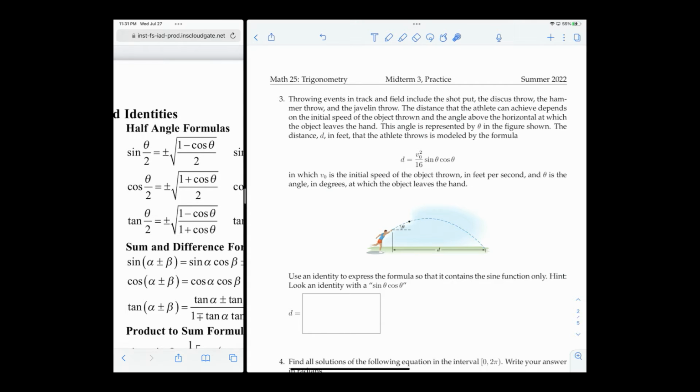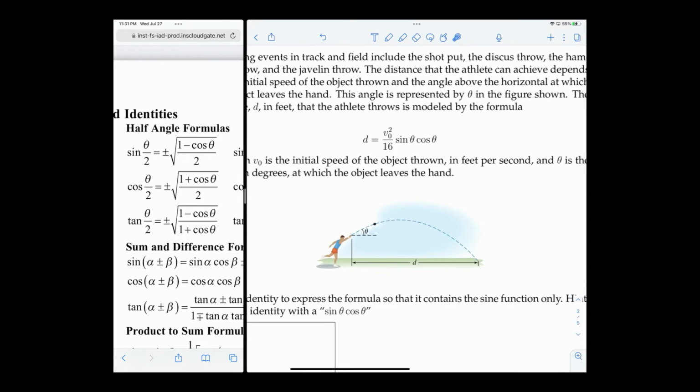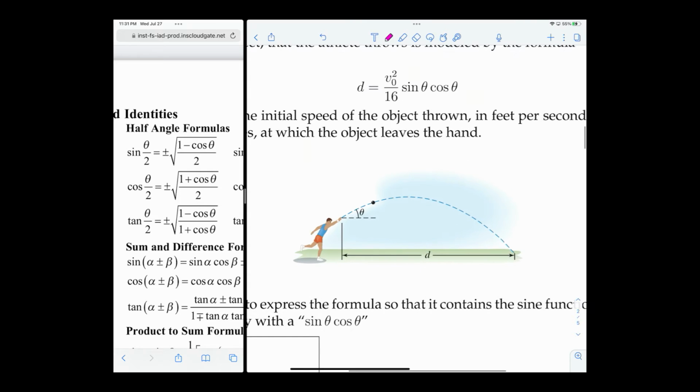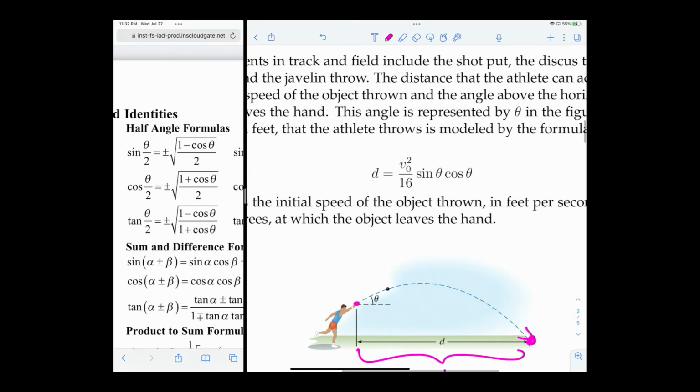It's not actually a word problem. What this says is that this is going to be a way to calculate this guy throwing the shot put, and it ends up landing here, and this is a certain distance, and you can calculate the distance if you know how fast he threw the shot put.